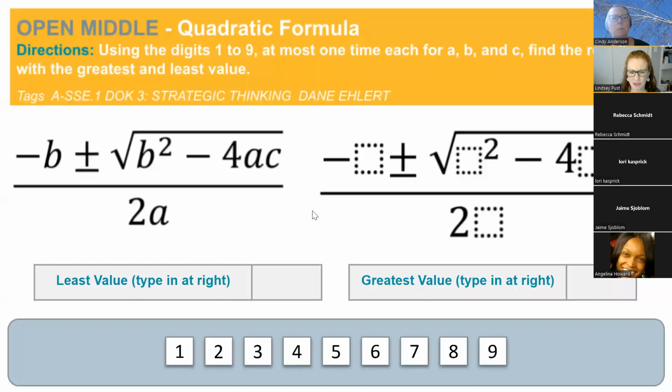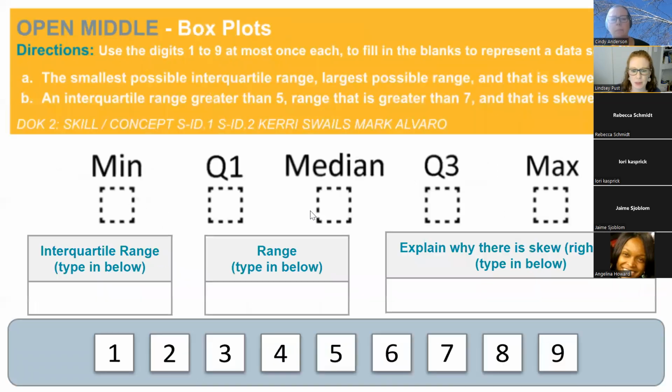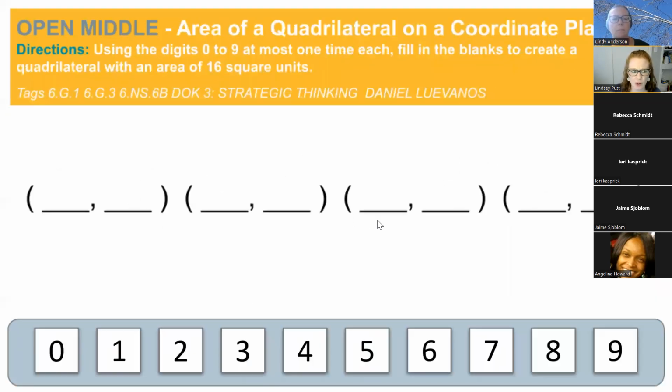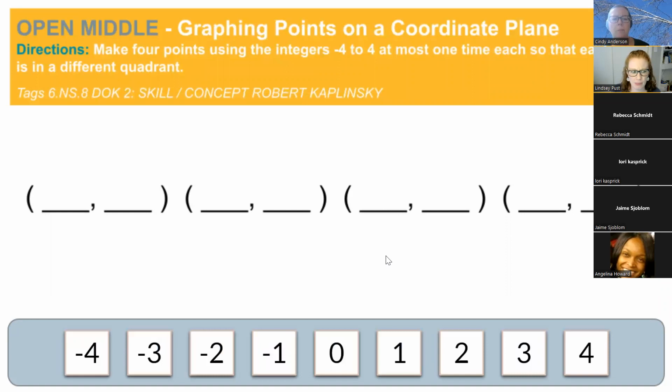Does anybody think shift 1, making sense of problems, persevering in solving them, would show up in a problem like this? Would students have to do that?